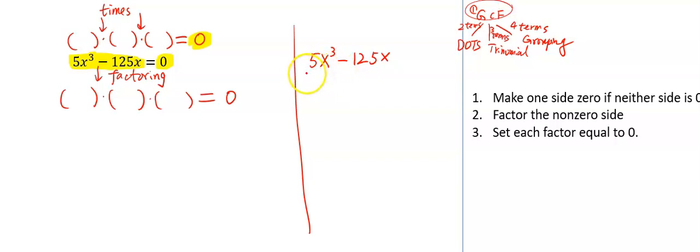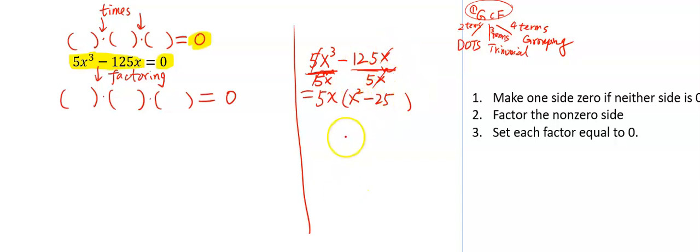Notice that 5 and 125 have a 5 in common, so we're going to pull out a 5. And x to the third and x have x in common, so we pull out an x. Now let's divide both of them by the GCF. After we pull them out, what will be left? So now 5 cancels 5. x to the third divided by x is x squared, minus 125 divided by 5 is 25, and x cancels x.